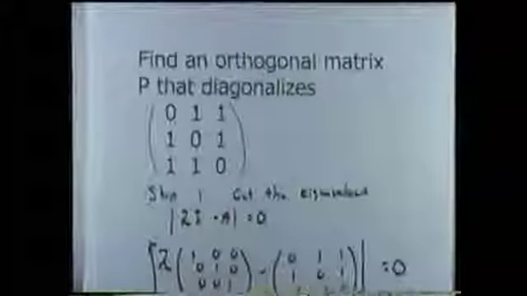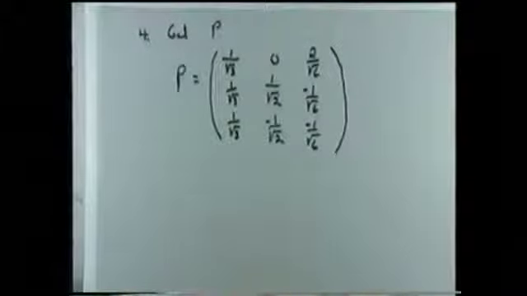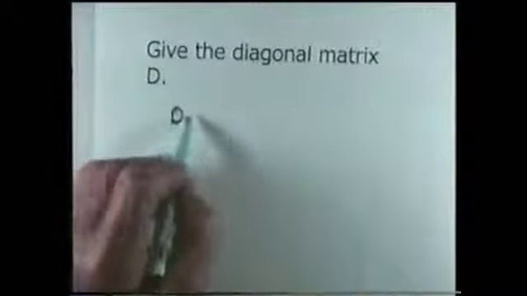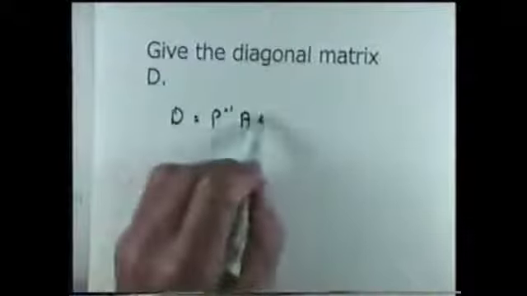So we have done that, and we have found P. Well, the next step, let's give the diagonal matrix D. Well, we know that D is equal to P inverse AP.